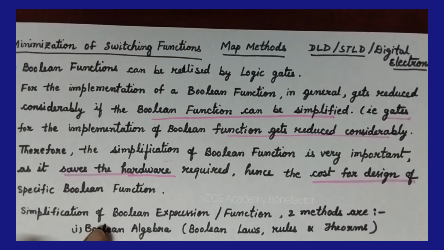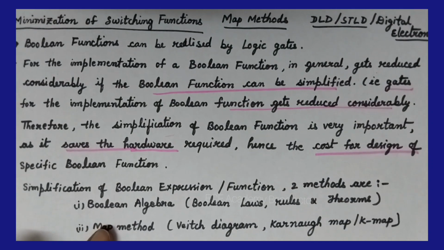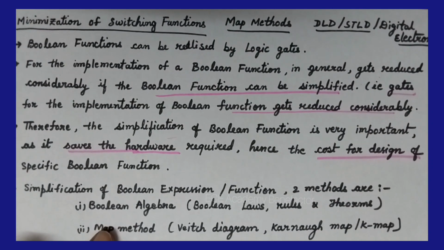So the cost required for designing that Boolean function will also be reduced. I hope it's clear. Minimizing of Boolean function is done using logic gates, which is hardware. To reduce the cost of the design of the implementation of Boolean function, we need less number of gates.